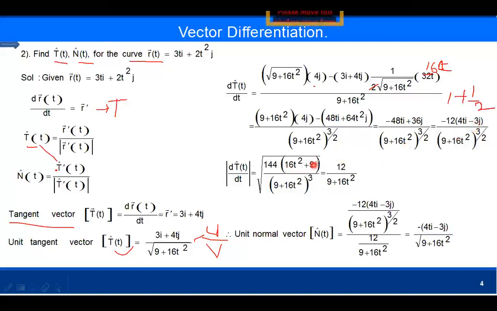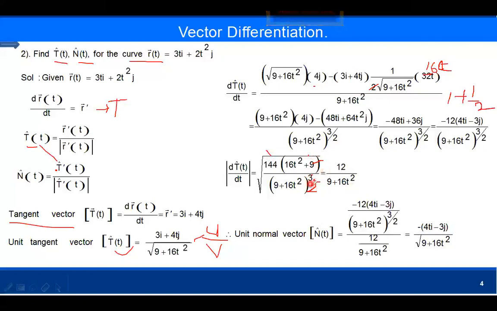We can cancel one factor of 9 plus 16t square, so the 2 remains. The square and the root get cancelled and we get 9 plus 16t square. Root of 144 is 12.